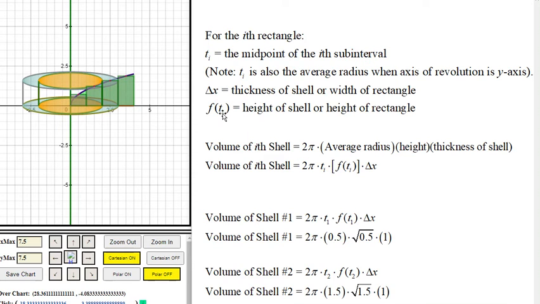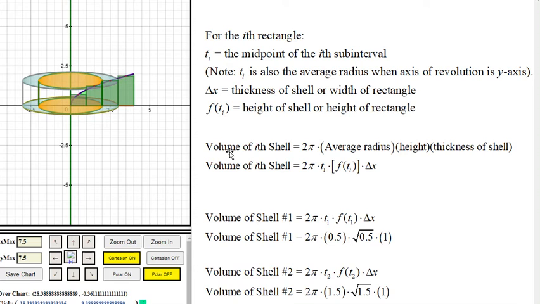And then f of t sub i is the height of the shell or the height of the rectangle. And so one more time, from here to here, that's t sub 3. And then the height of the shell is f of t sub 3, for the ith rectangle. And then from here to here, it'd be some t sub i distance. And then the height of the rectangle is f of t sub i.